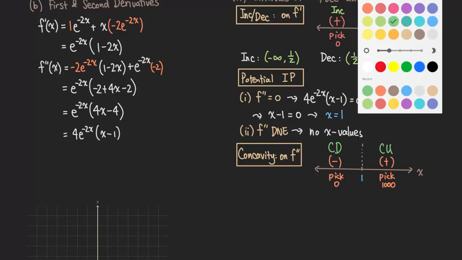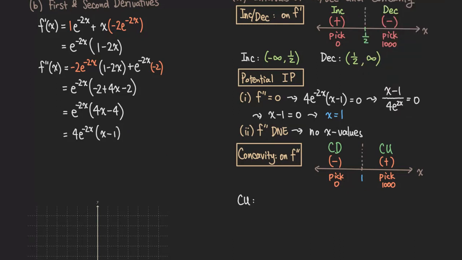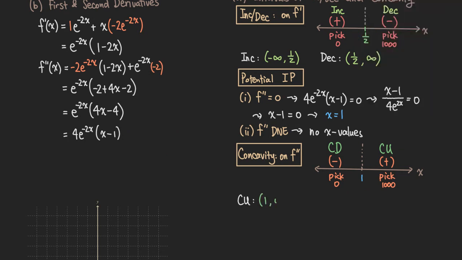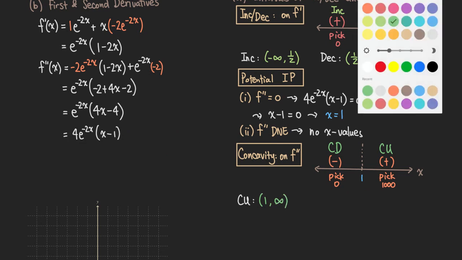Okay, so now we can write down the information that we need here. For concave up, we have 1 to infinity. And then what about concave down?